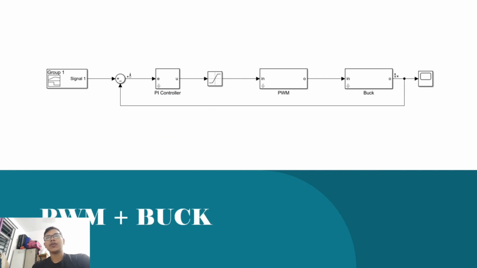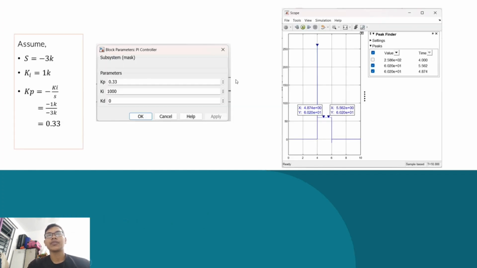First, we have to build a circuit that has PWM and a buck controller. After we build the circuit like this, we have to assume the value of Kp and Ki.